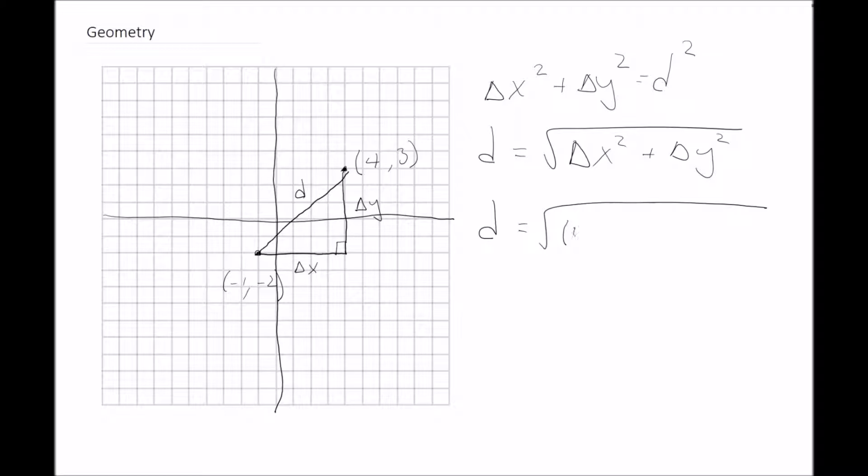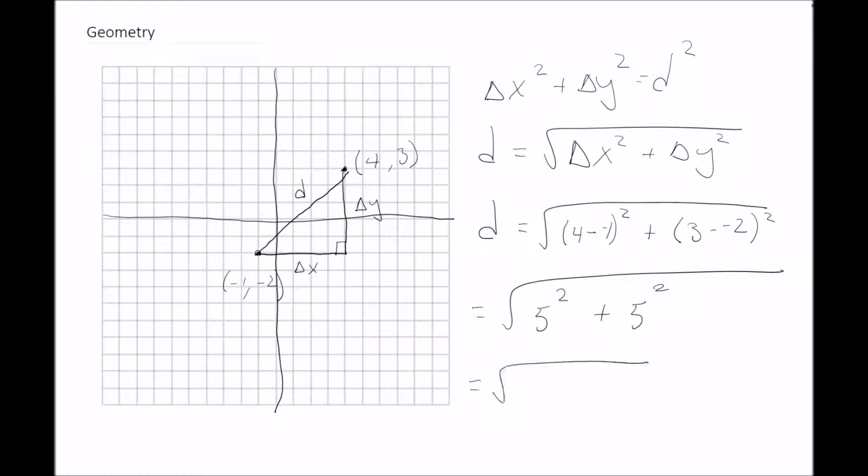So I'm going to take 4 minus -1 squared plus 3 minus -2 squared, or the square root of 4 minus -1 gives us 5 squared, plus 3 minus -2 gives us again 5 squared, or the square root of 50. So the length of that line would be the square root of 50.